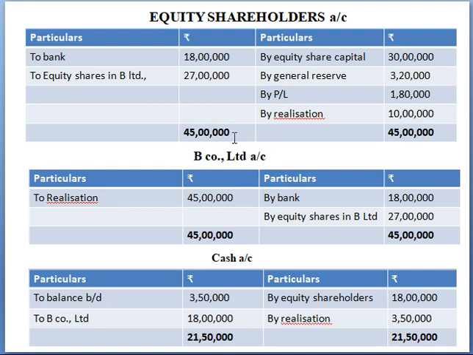And next is your B company. See here, a credit entry is there. One bank item is credited. Now you have to give the opposite debit entry. From which account is it taken? From B account. So debit side to B company account 18 lakhs. Now total this, you will get 21,50,000. Your cash account will also tally.